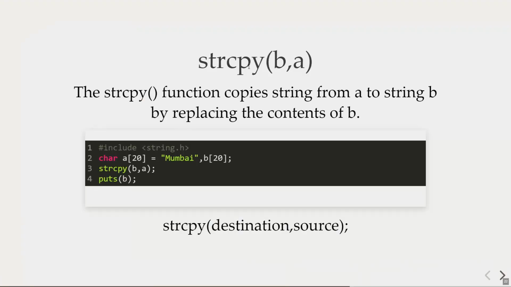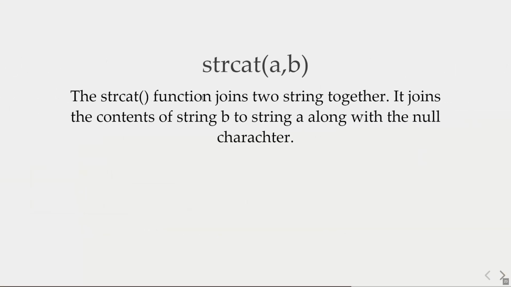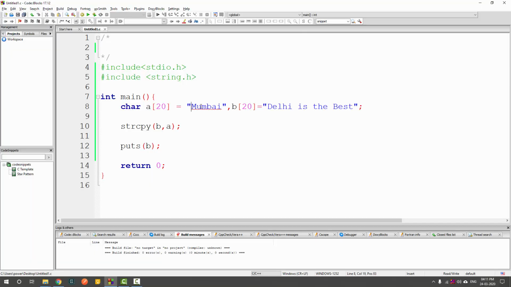Now let us see what is strcat. String cat is similar to the previous one, but it actually joins the two strings. Let's say I have Mumbai and Delhi is the best. Now if I just do strcat A comma B, and if I print A, what is done is it takes data from B, that is this data, and adds it at the end of the first string, after Mumbai.